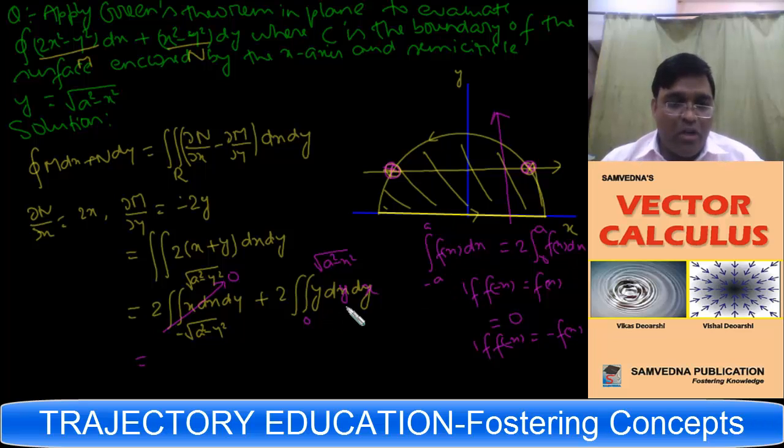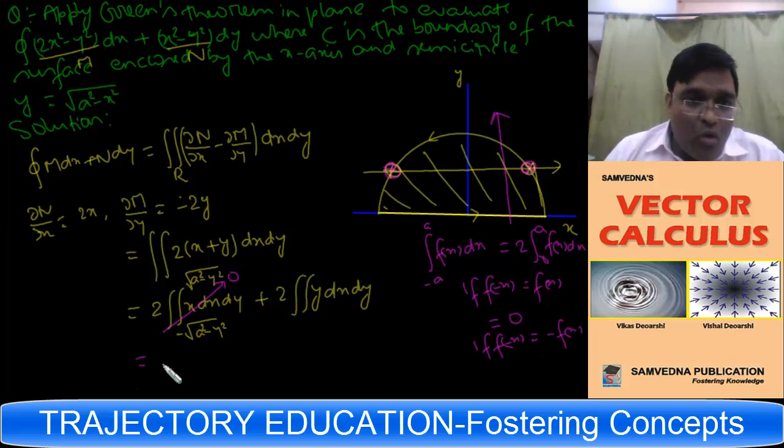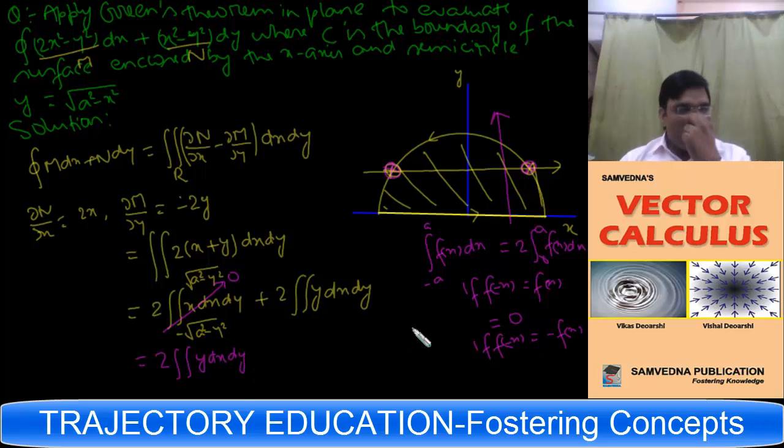Or it's better if I convert it to polar coordinates. Converting it to polar coordinates will be very easy, so I won't take these limits. I'll convert simply into polar coordinates. Whenever you are given a circle, it's always better to convert it to polar coordinates. So this is equal to twice the double integral of y dx dy.